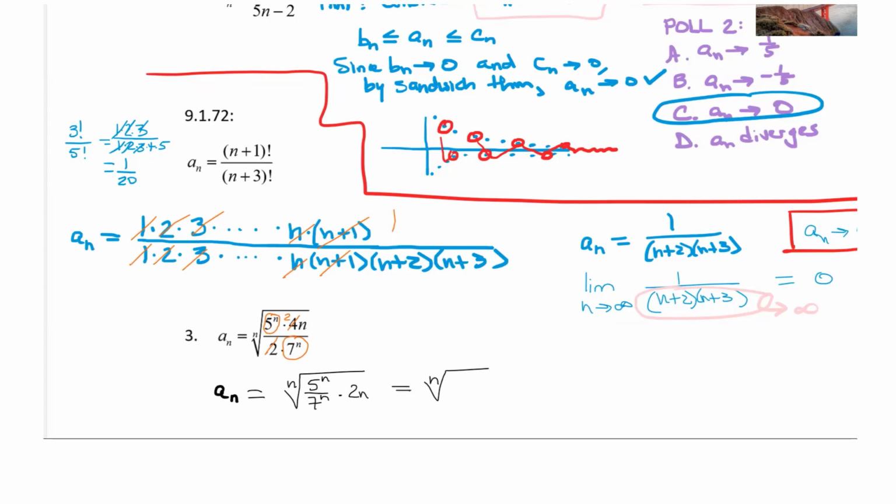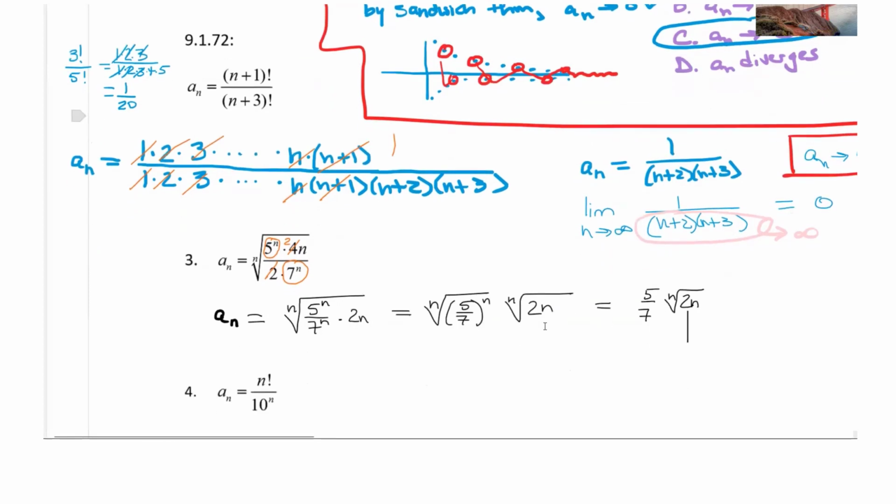Actually, I'm going to think of this as not 5 to the n over 7 to the n, but 5/7 to the n would probably be better. Because then when you take the nth root of an nth power, they cancel each other out, right? And then nth root of 2n. So this is going to be 5/7 times the nth root of 2n. That looks a lot easier to work with.